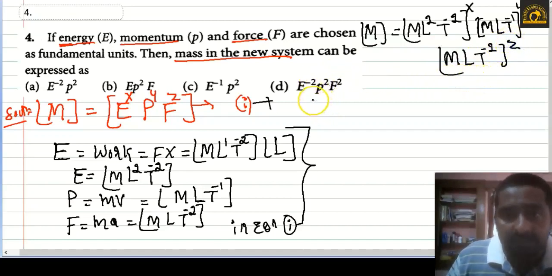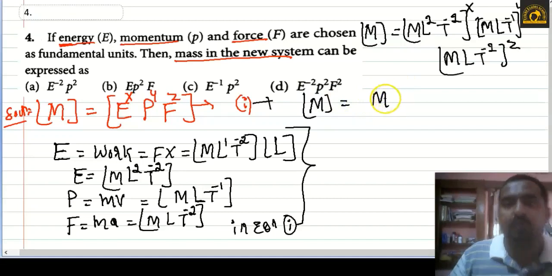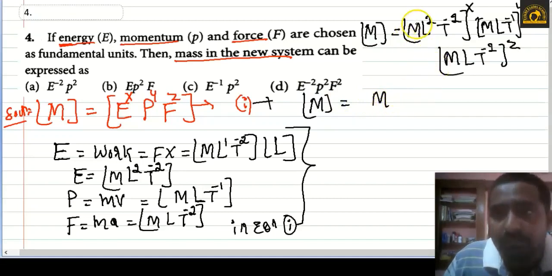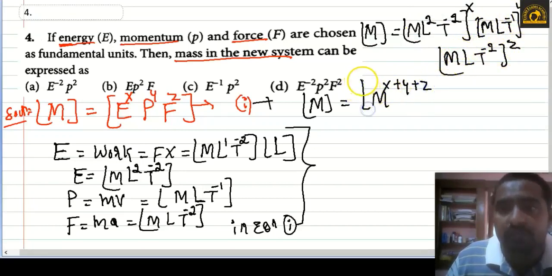Now on the LHS side, m is as it is. According to the dimensional homogeneity principle, let's see, m: 1 into x, then 1 into y plus y, then 1 into z plus z. So that is m, its power is x plus y plus z.